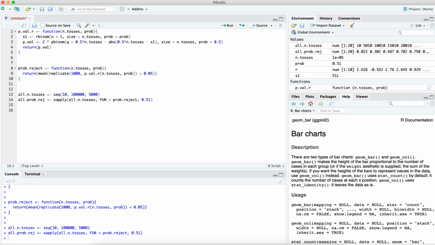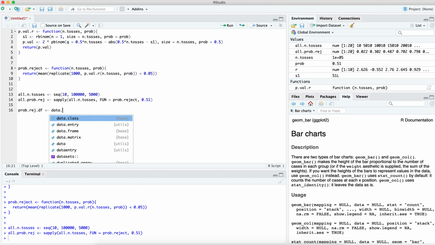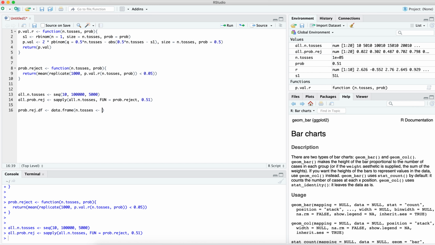So now we just put them in a data frame and we can plot them, right? So let's say prob reject df is data.frame. Here I'll call the column n tosses, and that's going to be equal to all n tosses.